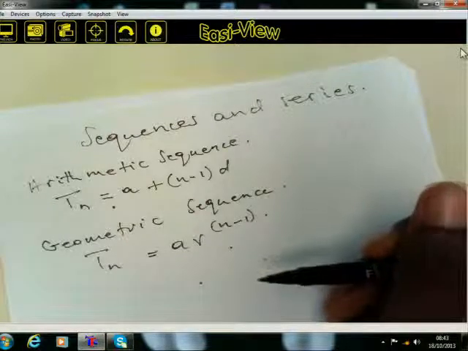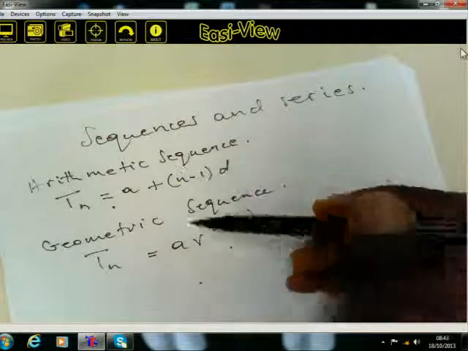Right? Those two are important in sequences.